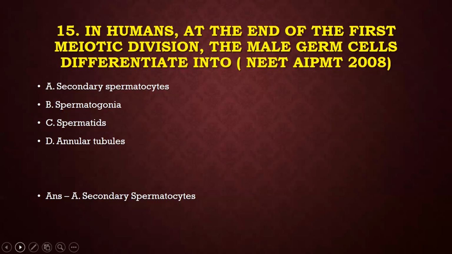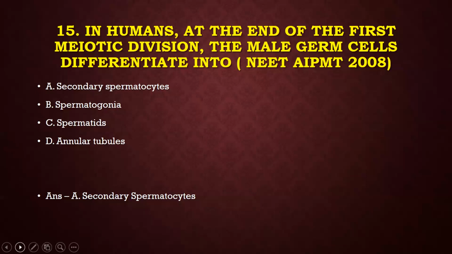At the end of the first meiotic division, the primary spermatocyte produces two haploid daughter cells, the secondary spermatocytes.